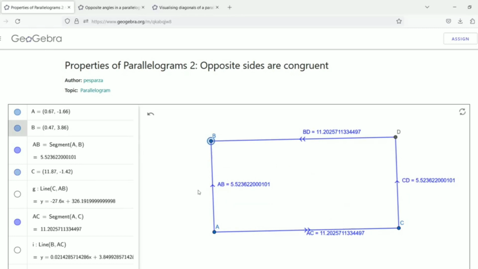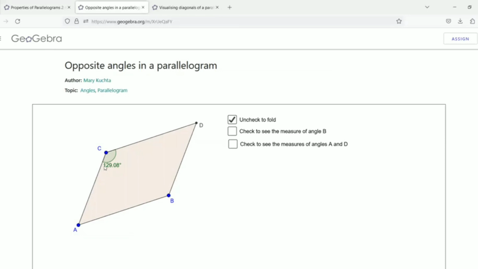To visualize the second property, opposite angles are congruent. Over here, the measure of angle C is 129.08 degrees and the measure of angle, do you all want to check the measure of angle B? So checking the measure of angle B, it is also 129.08.